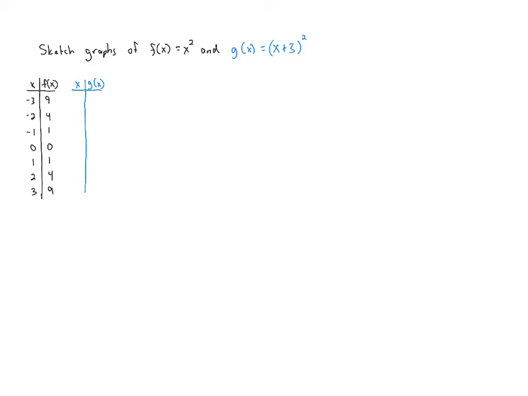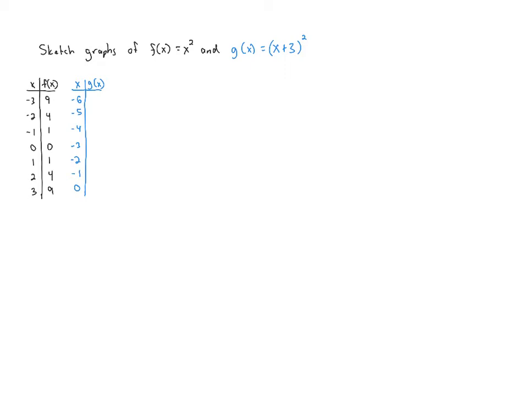So what I'm going to do is pick -6, -5, -4, -3, -2, -1, and 0. Of course, we could pick other values, and all of those are going to give us points on the graph, but these are the x values that are going to be the most helpful.